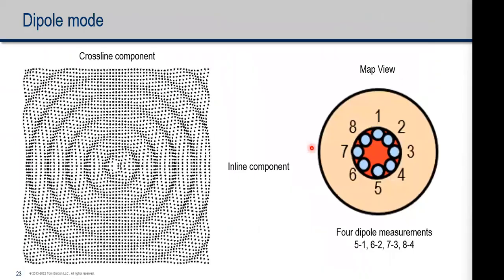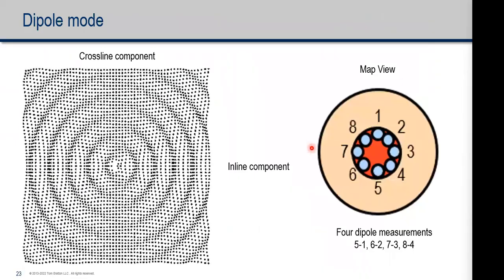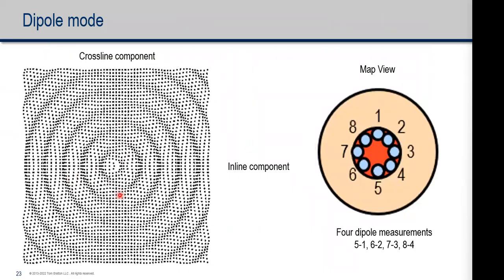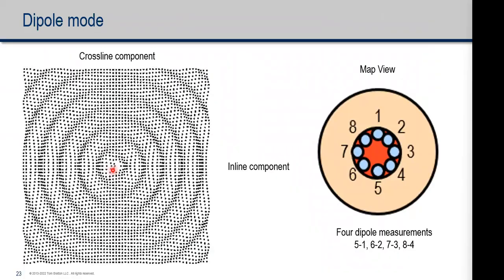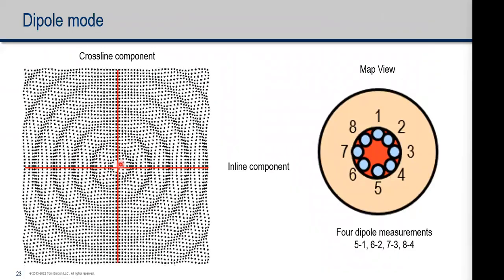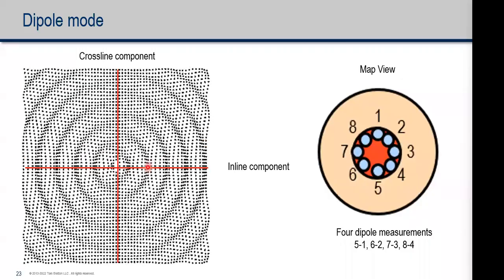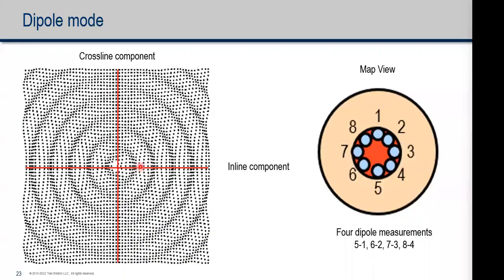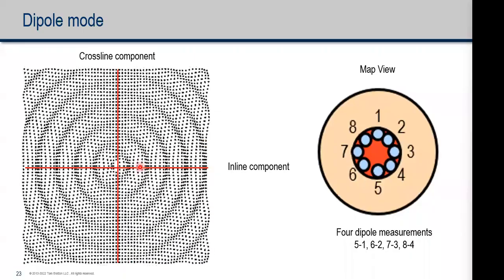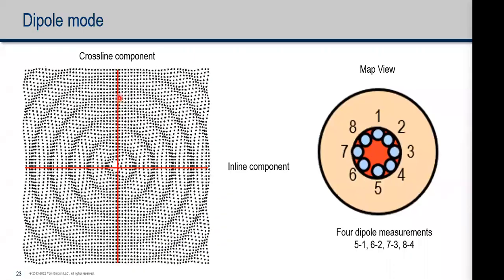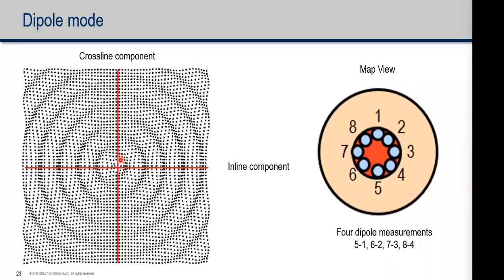When we look at dipole, this is the particle motion around the wellbore. It's helpful if I put in some lines. If you pop the east-west dipole here, you can see you've got a strong amplitude in the east-west direction, but no energy on the cross-line component, which is right here.